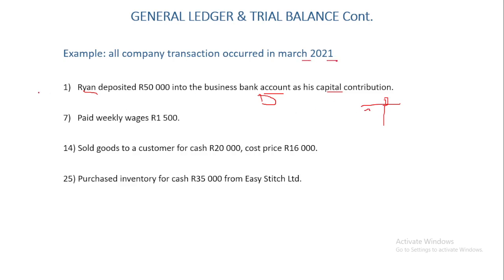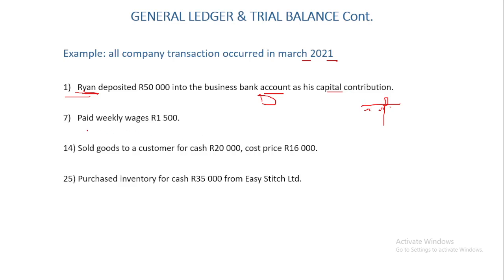Then we write the date, the first, and under the bank account we write capital contribution, we also write the name, Ryan, and then the amount that he contributed, 50,000. Then under the capital account, we say it's increasing, it increased on the credit side. So we write 2021 March, on the first, we've got bank, which is increasing by 50,000 that Ryan deposited.